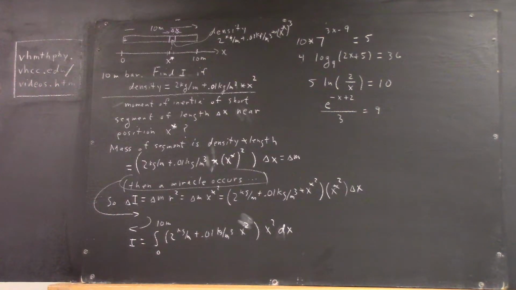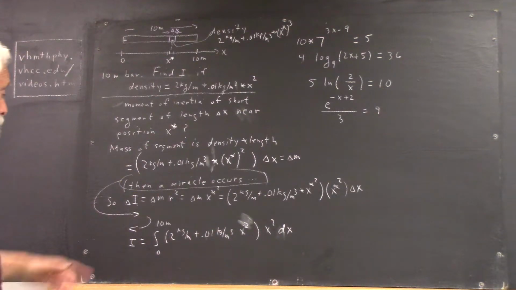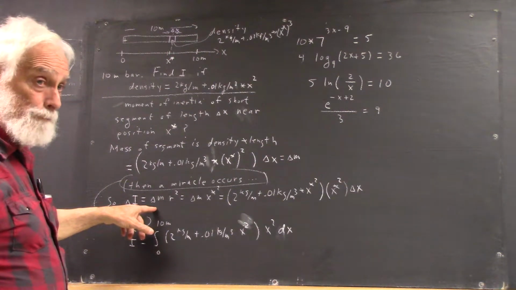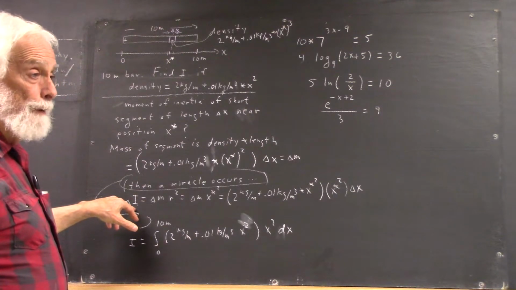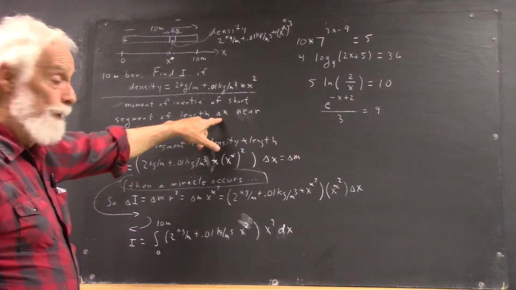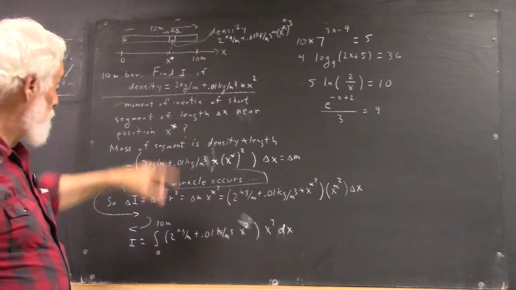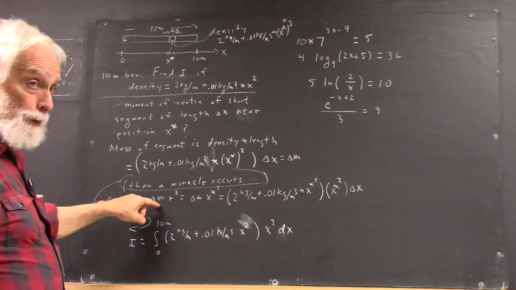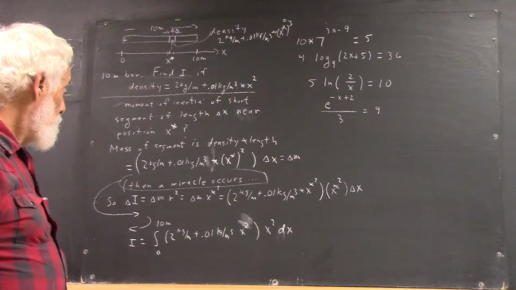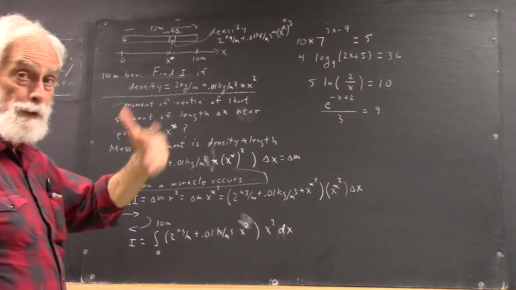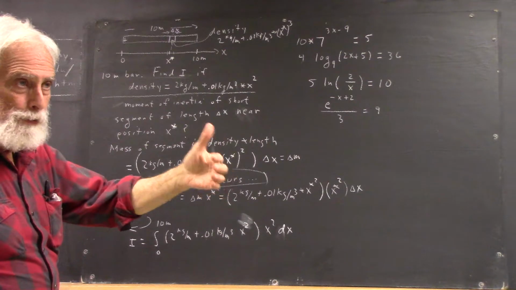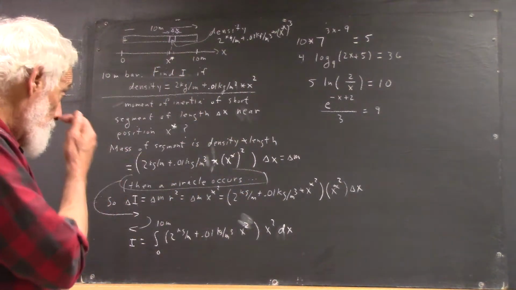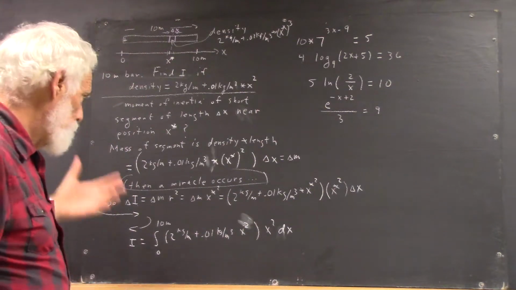Then we're trying to figure out moment of inertia. I'm talking about delta I, the contribution to the moment of inertia corresponding to this delta x interval near this position. That's your delta m, your contribution to the total mass from that interval, multiplied by r squared, because the moment of inertia of a point mass is m r squared, where r is the distance from the axis it rotates about.